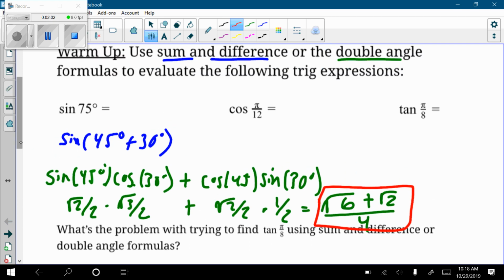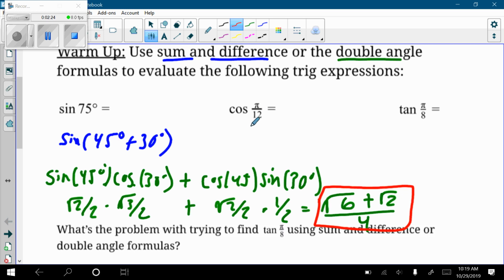Okay. Similarly for the second one, you're like, oh, pi 12ths. Well, that's not on my unit circle. My unit circle is in radians, sixths, thirds, halves, fourths. It doesn't have 12. But pi 12 can be written as a third minus a fourth.